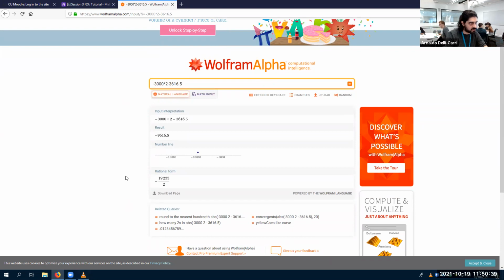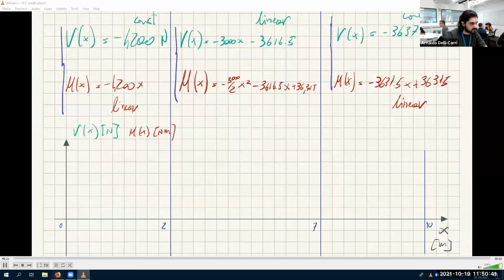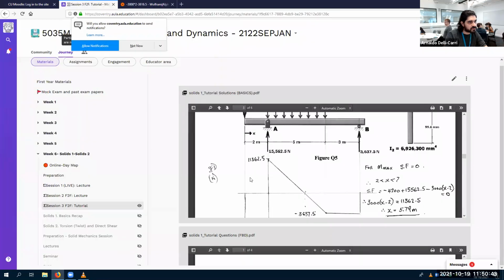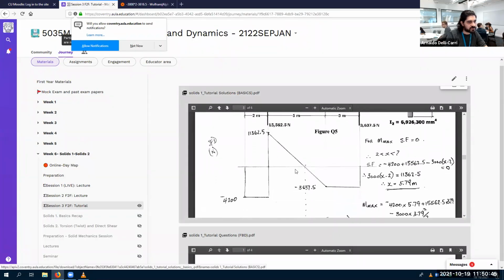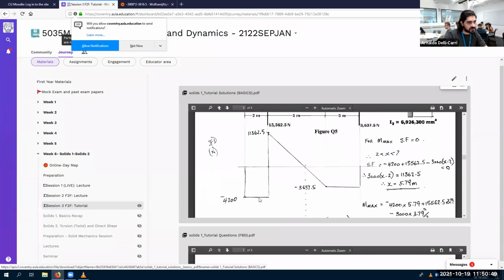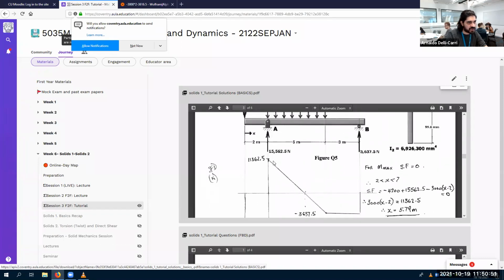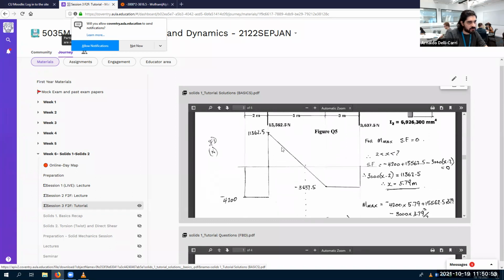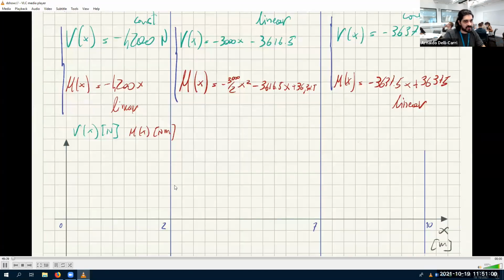Is it correct or not? 11,000. How is this possible? So this should be a jump up. So this is correct, and there's a jump up of 15,000. So what did we mess up?